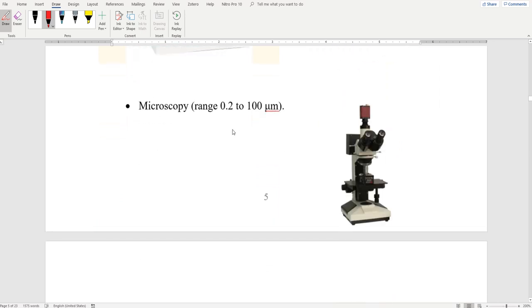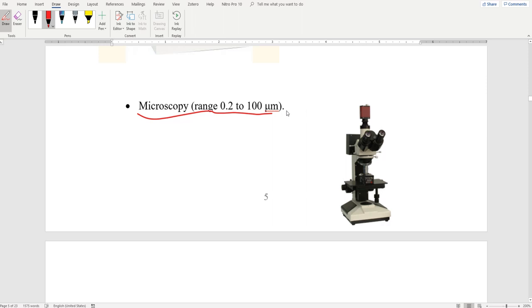Another way to measure the particle size, but of course we cannot use it to classify powder as very coarse, moderately coarse, fine, or very fine, is using a microscope. Usually a microscope is useful when we want to measure powder in the range from 0.2 micrometers up to 100 micrometers.